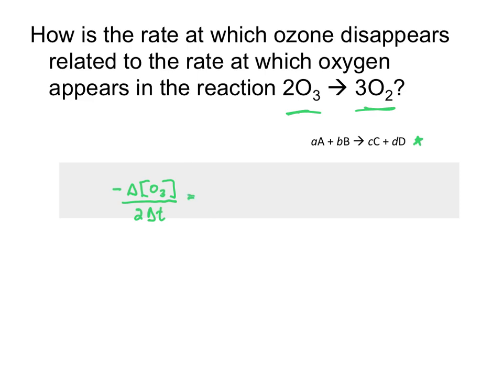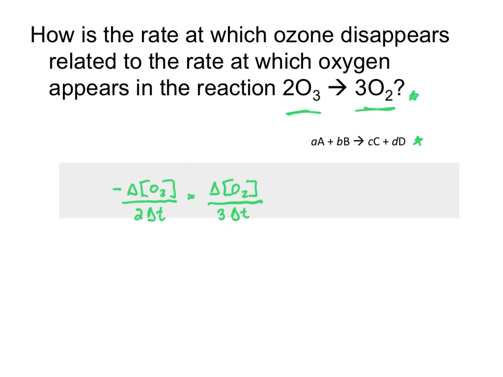In that same way, that's going to be related to the rate of appearance of O2 by the following. So we take our change in our O2 divided by 3 times delta T. And that is our relationship.